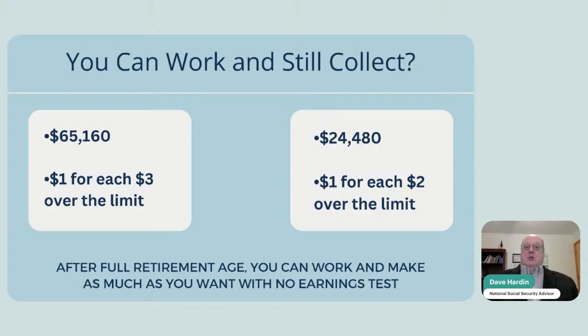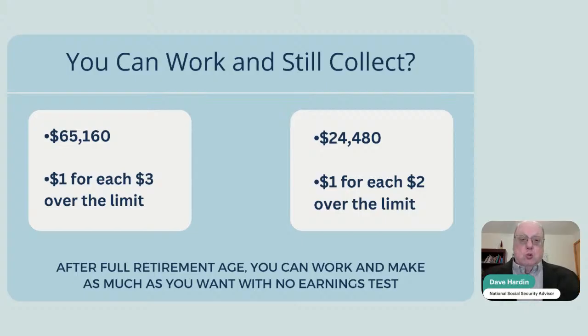In the year that you turn full retirement age, FRA, for most of you, it's either 66 or 67. More and more people, it's 67 now. But if you take your benefit at 67, by the way, if you're born in 1960 or after, your FRA is your birthday.